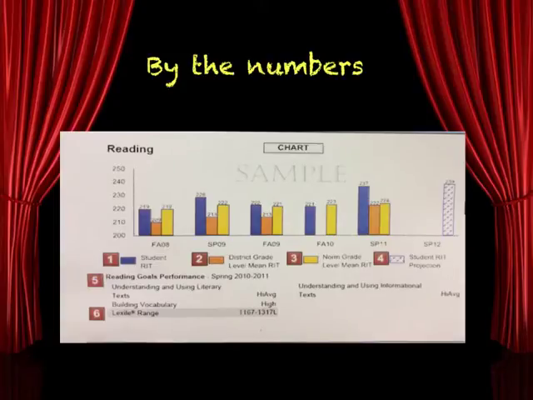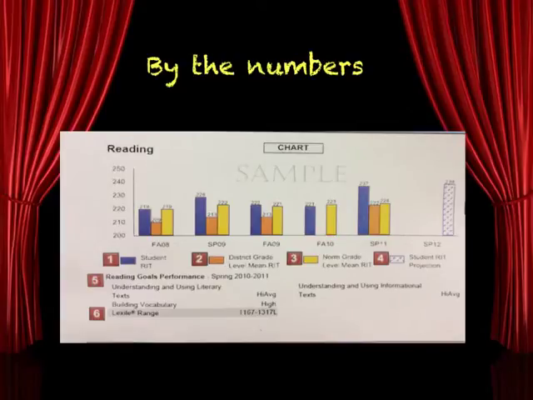If you notice, there are 3 different color bars on the graph: blue, orange, and yellow. The blue bar represents your child's score in each of the different years. The orange one is the district level average RIT. If you notice here, this one's blank, and that's okay.